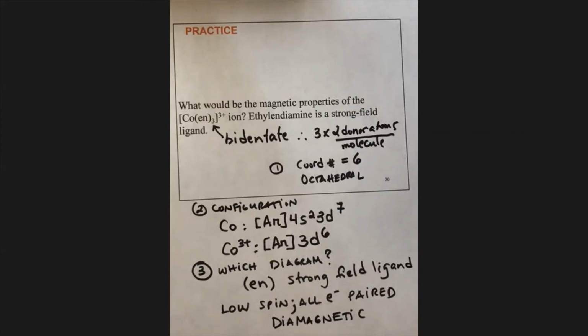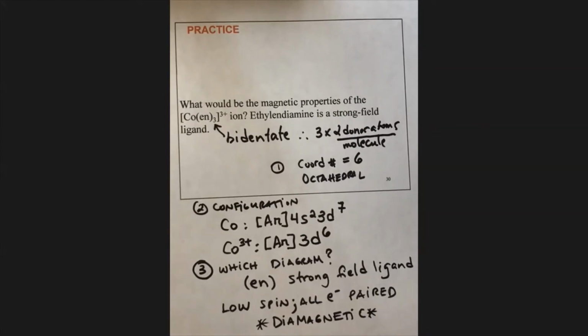That's what we have. In other words, this particular complex will not respond to the presence of an outside magnetic field because all of its electron spins are paired. All right. Cool.